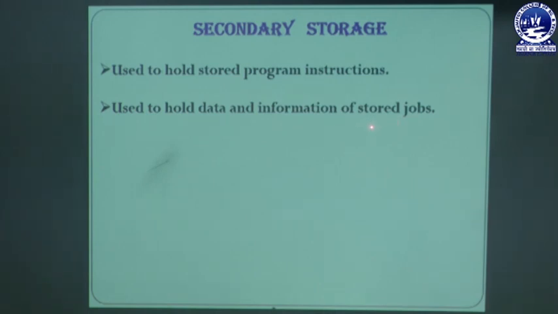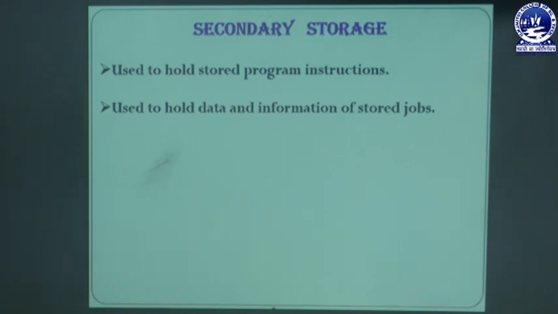What we have seen before is for the processing jobs. For the currently processing jobs, we need to hold the data and information in the primary storage. But in case of secondary storage, we hold the data and information for the stored jobs. Whatever jobs are processed or are going to be processed, those data and information will be stored in the secondary storage.